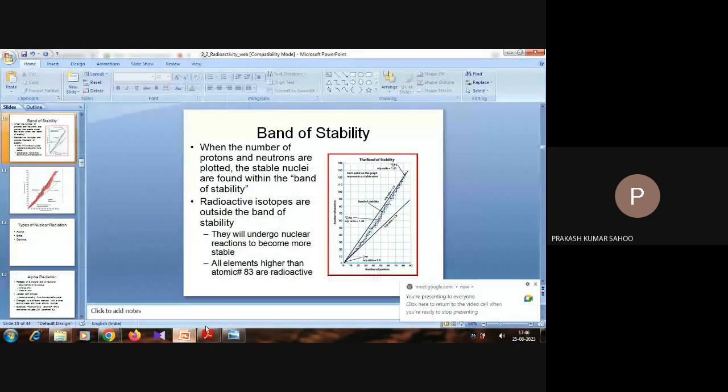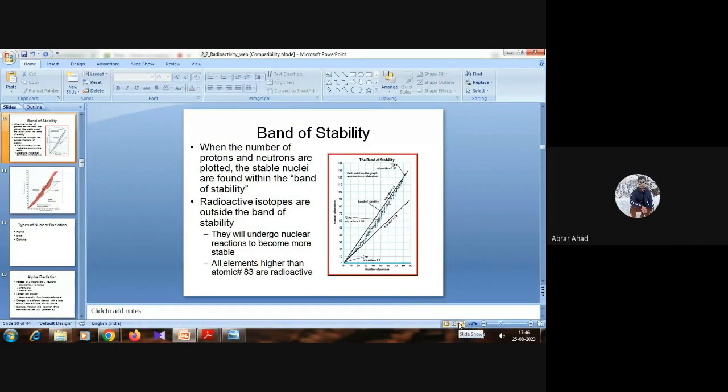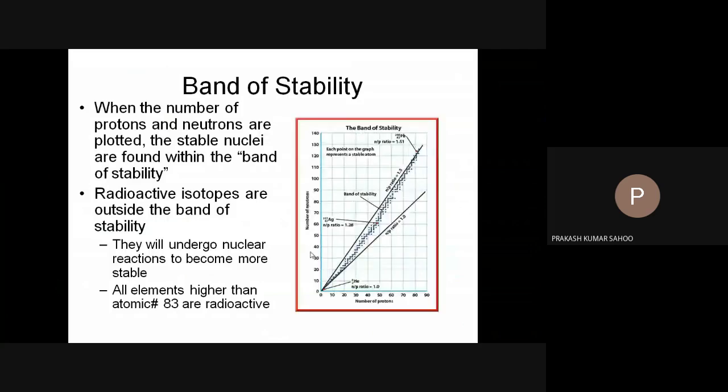Is this visible, students? Band of stability? Yes, sir.